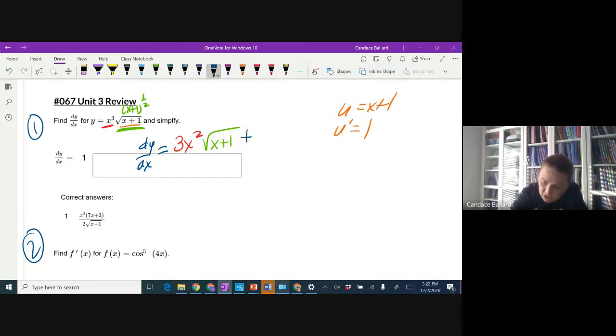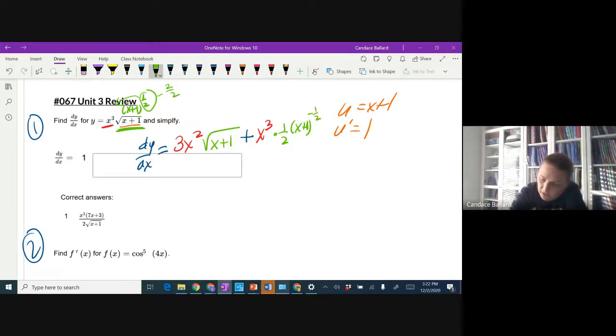Then we're going to use the addition sign. And then we're going to keep the red the way it is, x cubed, and take the derivative of the green. And my guess is after this piece is where it was the algebra, not the calculus. So I'm going to bring the 1/2 in front, and I'm going to subtract 1 off of it. So I get x plus 1 to the negative 1/2 power.